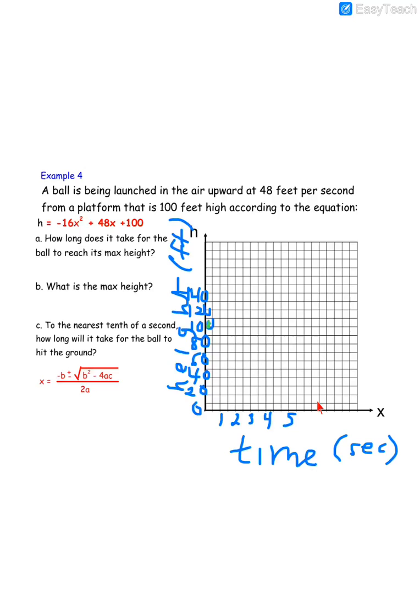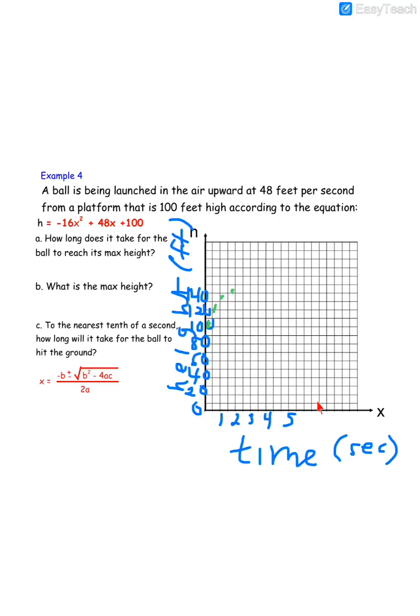Then I have 0.5, 120. So I'm going to go up a little bit more, which is helpful. Then I have 1, 132. Again, you have to use your best estimate here. So it's like there. 1.5, 136.